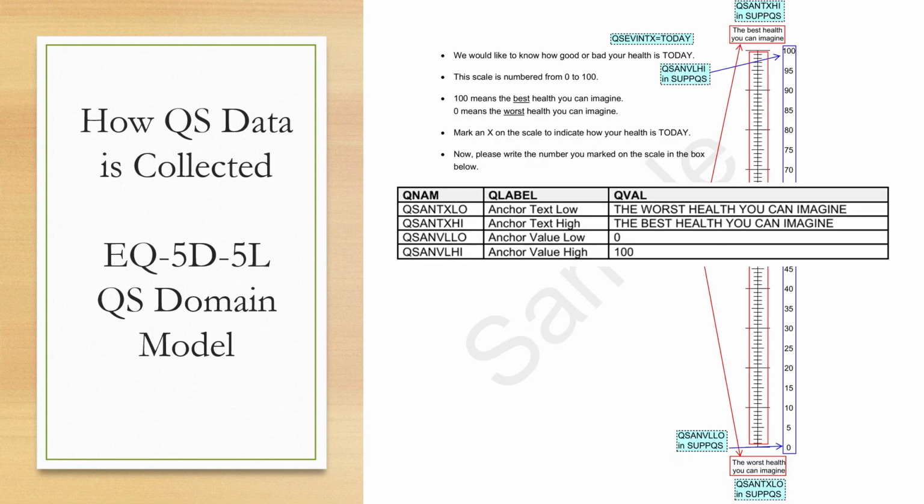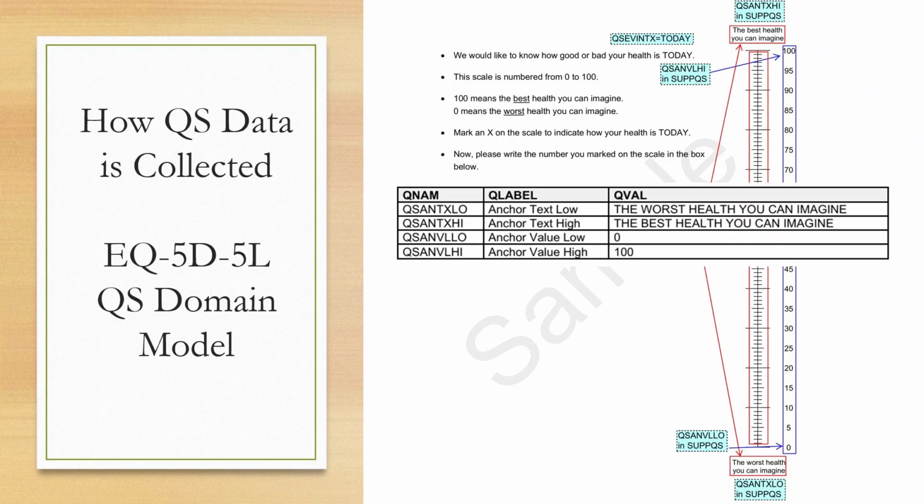Now let's see how the subqual will be populated in this particular QS form in the SDTM data. As we have discussed, the worst health you can imagine and the best health you can imagine will be populated as subqual. As per the CDISC standard, they have defined two different types of subquals. One will capture the anchor text value, and the other will capture the anchor value.